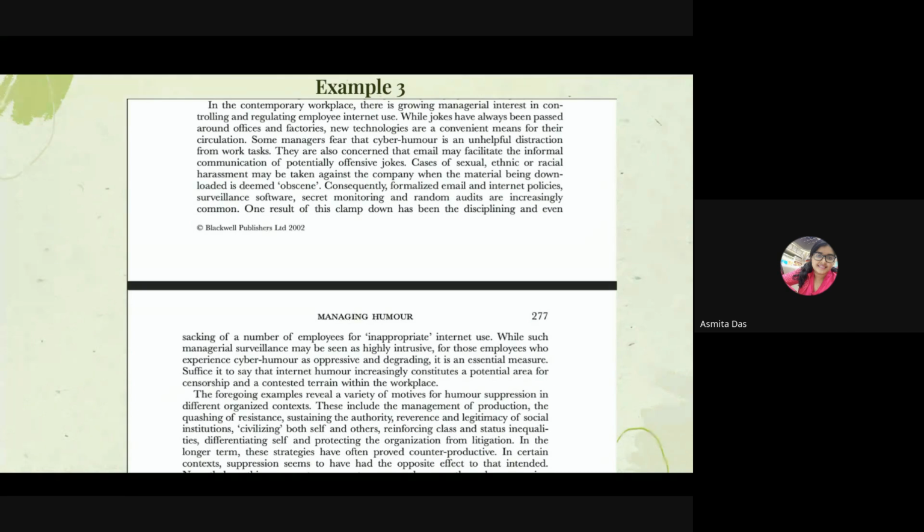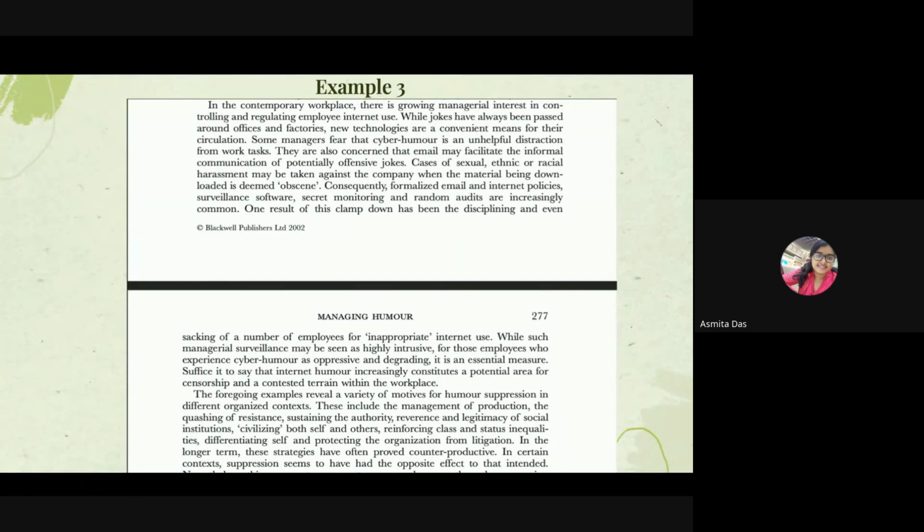In the contemporary workplace, there is growing managerial interest in controlling and regulating employee internet use. While jokes have always been passed around offices and factories, new technologies are a convenient means for their circulation. Some managers fear that cyber humor is an unhelpful distraction from work tasks.